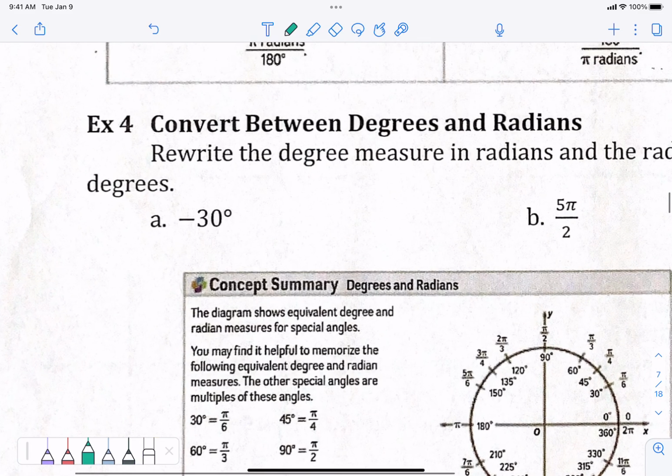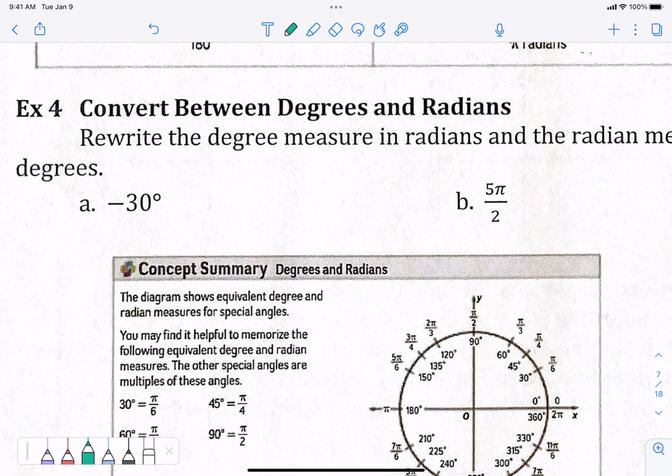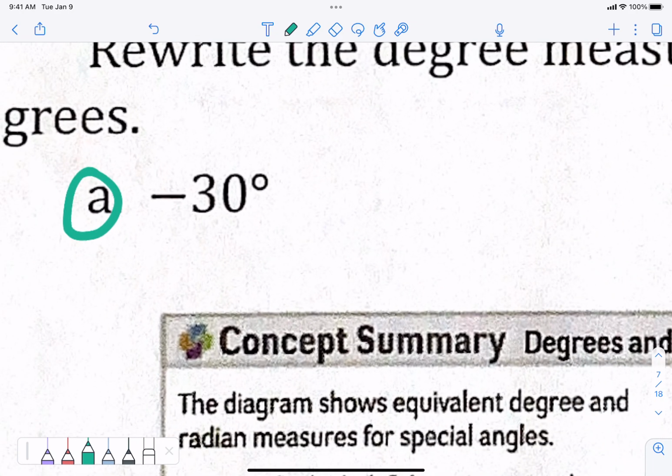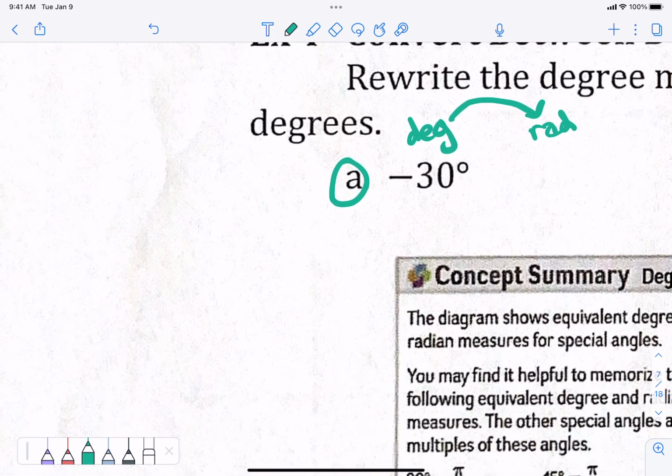So we are on example 4, and we're going to convert between radians and degrees, okay? So A, what are they giving me? Negative 30 degrees. They're giving me a degree, and they want me to convert it to a radian. Okay, so we're going to convert. Now, here's the deal.